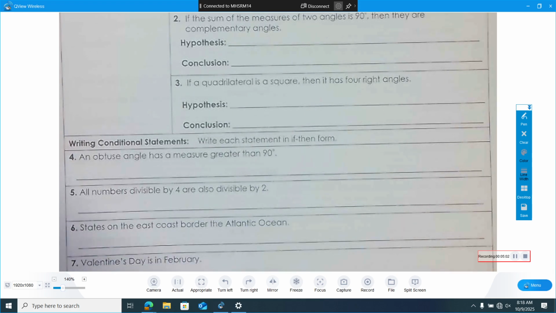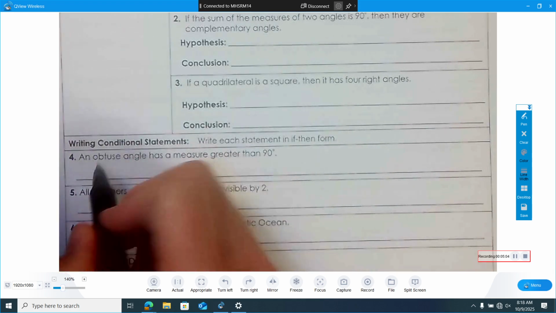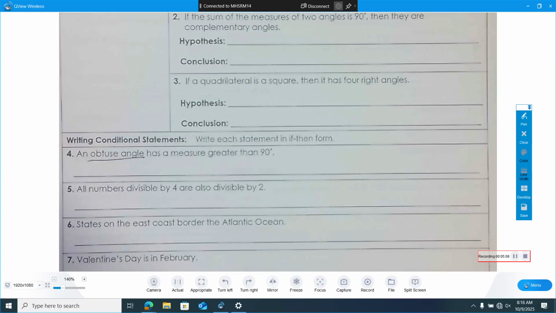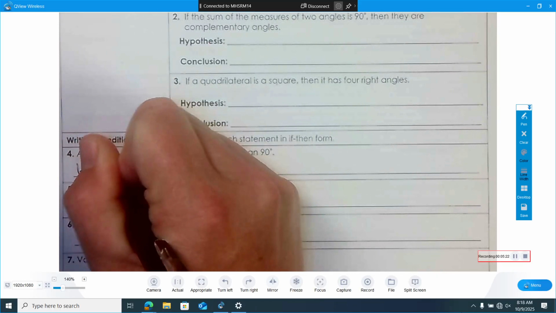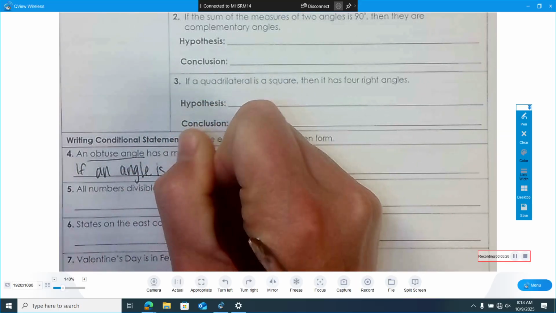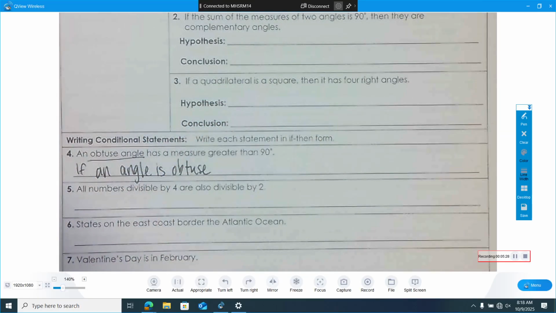That is very close. But I want to start with the obtuse part. Which is a little harder. I like what you did, but I want to start with the first thing. So if an angle is obtuse, all right, so there's the startup.